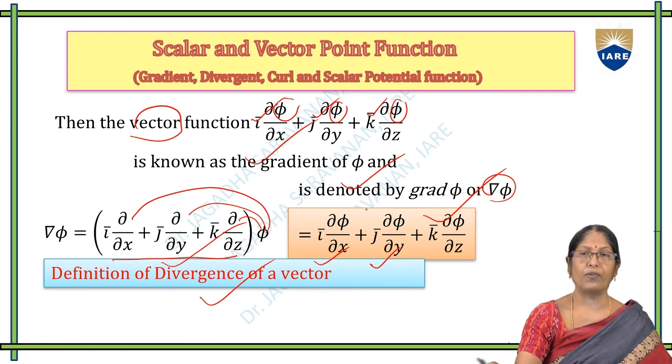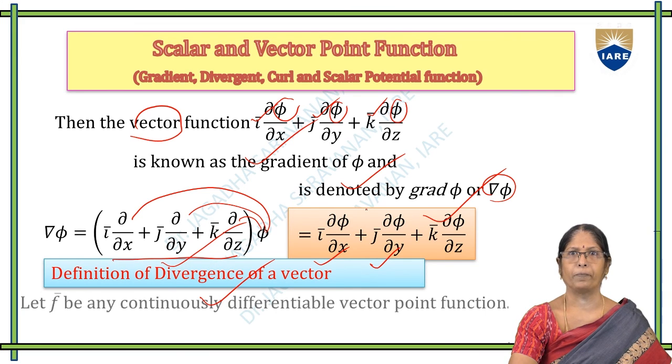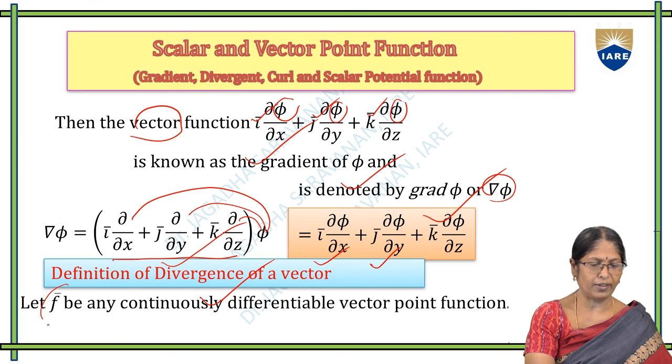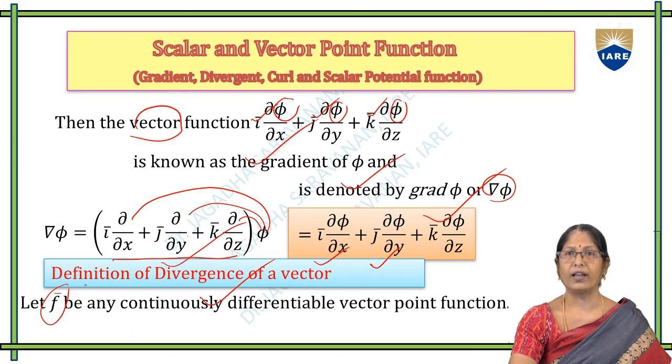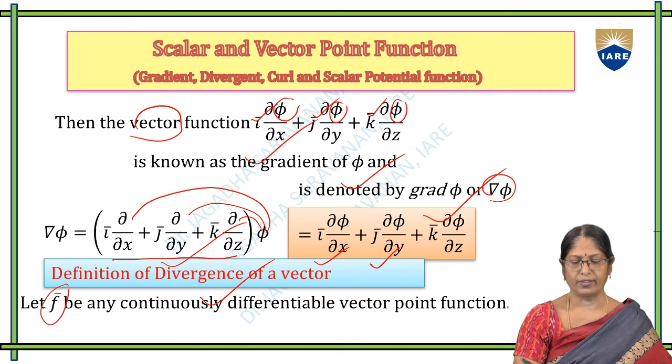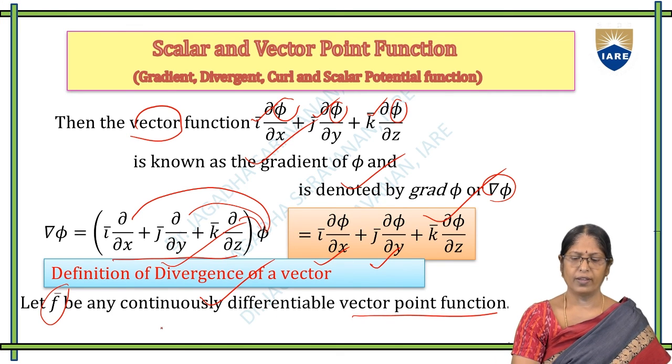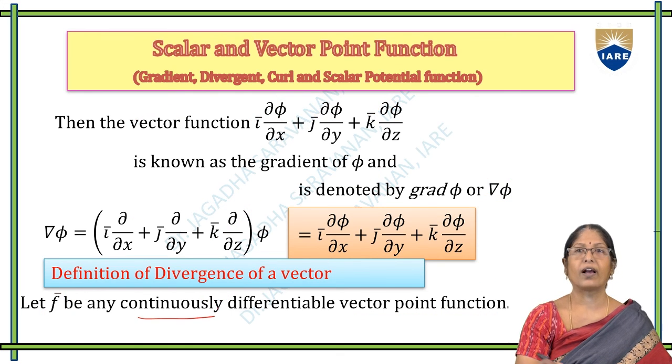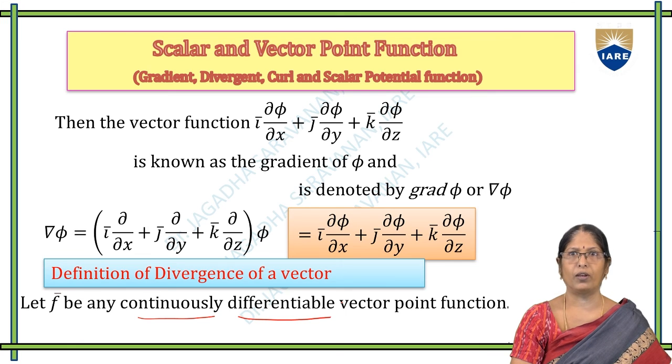The definition of divergence of a vector: let f be a vector point function which is continuous and differentiable also.